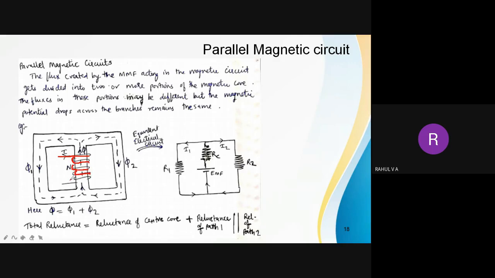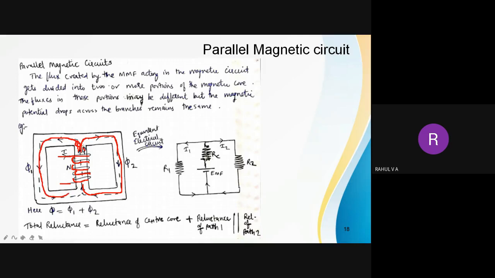So when I give some current to the coil, what will happen? The flux can travel in two paths. The flux originating from this coil, that is phi, can travel in two paths. One like this, and the second one like this.